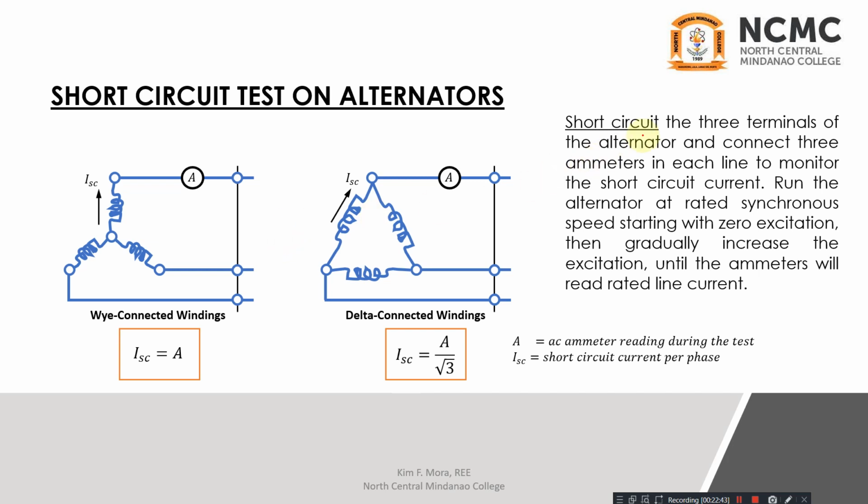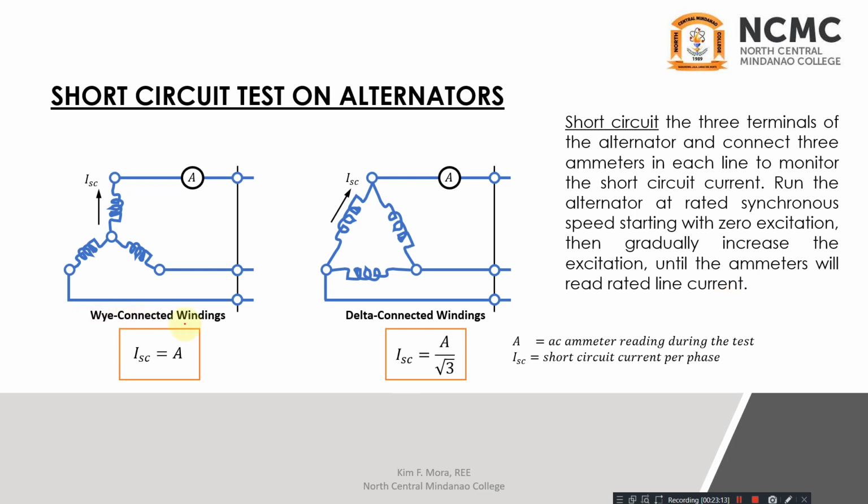Short circuit the three terminals of the alternator and connect three ammeters in each line to monitor the short circuit current. Then run the alternator at rated synchronous speed starting with 0 excitation, then gradually increase the excitation until the ammeters read the rated line current.